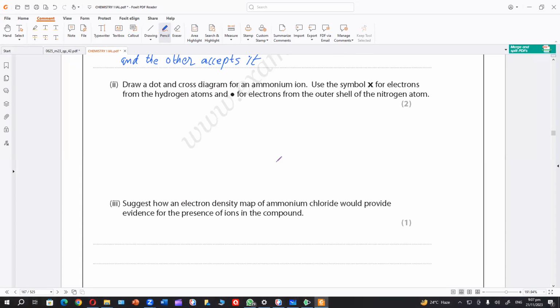Use the symbol X for electrons from hydrogen atoms and dot for electrons from the outer shell of the nitrogen atom. So he's talking about the ammonium ion, N, 1, 2, 3, 5.